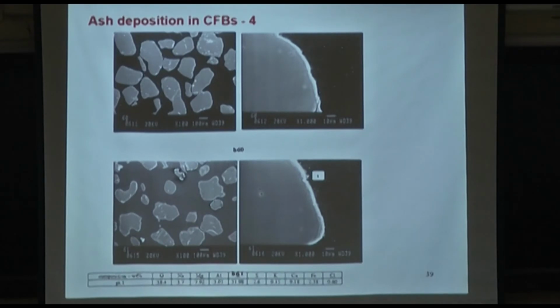So with the help of the EDX, we determined its composition. We came out with a rough formula. We then came up from the literature or the library database. We saw what temperature it melts. We saw that it's actually melting around 900, 950 degrees Celsius. So even though our bed temperature was around 850 to 900 degrees, that's the sort of temperature these are all forming and capturing the incoming particles gradually.